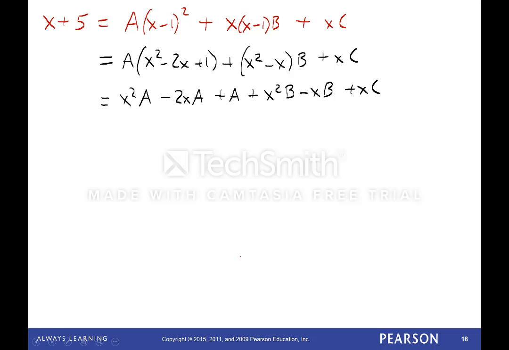And then the xc at the end. Combining all the x squareds together, or at least moving them closer to each other, there's my x squared a, x squared b. Then moving all the x linear terms towards each other. And then moving the constant terms, the ones that are by themselves. There's no other constant term there whatsoever.